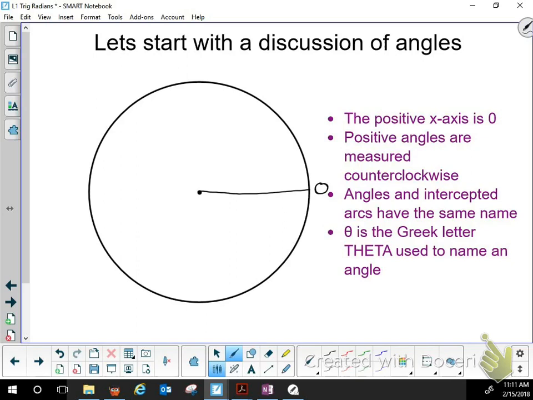We're going to be learning about radians today. That is our starting space. If you go counterclockwise, you are doing a positive angle. If you go clockwise, you are doing a negative angle.